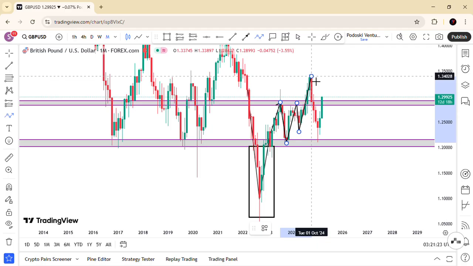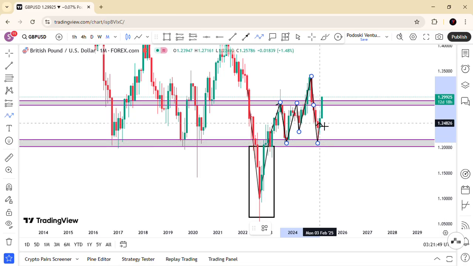A new higher high and a new higher low. But after price got to the higher low, we weren't able to see enough buying pressure, so sellers pushed price all the way to the monthly low again. And after touching the monthly low, we've seen buying pressure, and now price is moving upwards.